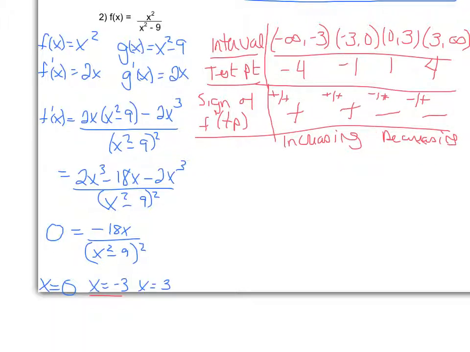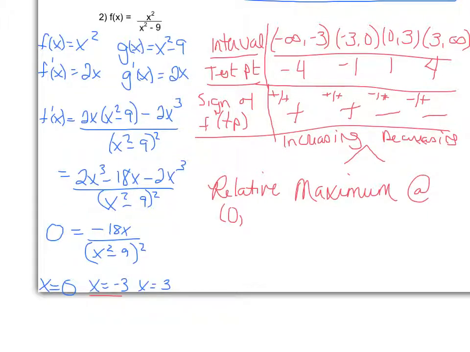But here at 0, I'm changing from increasing to decreasing, so it looks like I have a hill. So since I have a hill, I'm going to go ahead and say I have a relative or a local maximum at the point 0, comma, and to figure out 0 what, I go back to my original function. So I'll get 0 over 0 minus 9, and I get just 0.